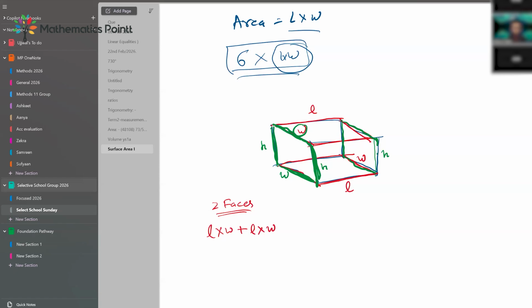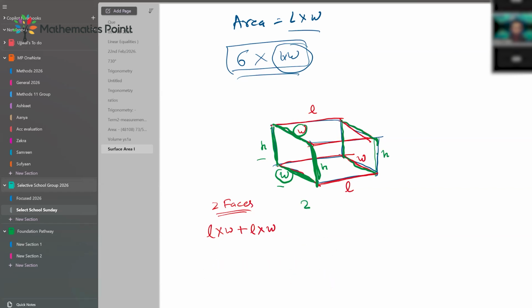What is the area of a rectangle? Length times width. Here, the width is acting as length. So I only have two dimensions here, W and H. One of them is now the length and the other is now the width. Forget about the letter that I'm using.